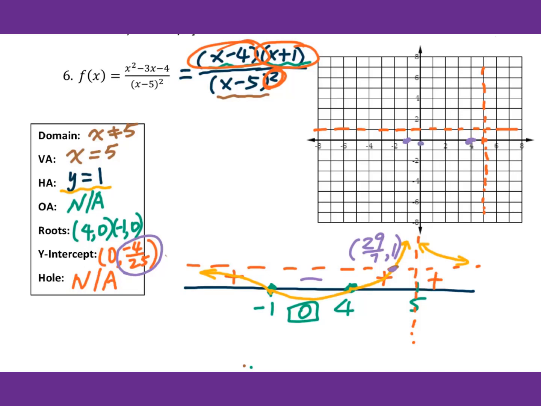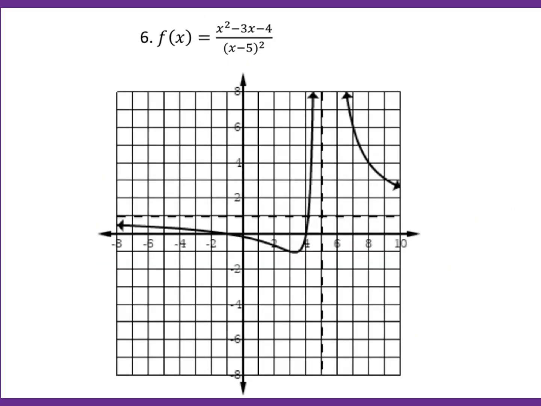That's the intercepts. So we can sketch the graph on this side like this. This one over here like that. And then connect these points. So go this way. This will be the graph for number 6. This is the real graph for number 6.